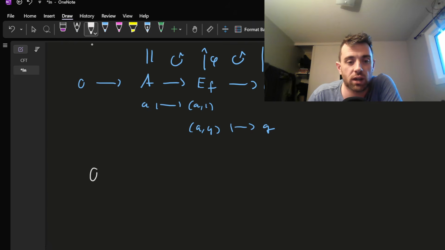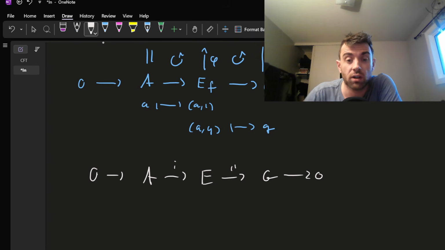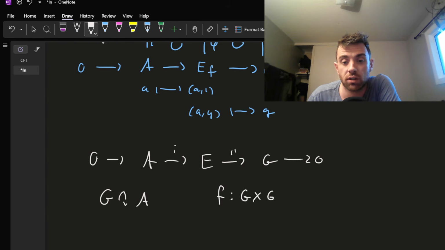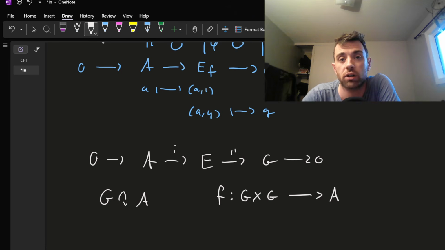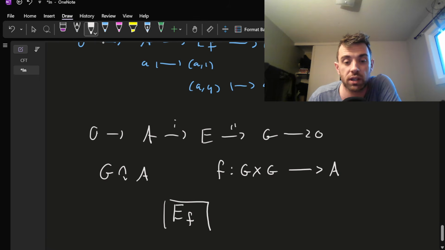We said that, okay, if we add the extra assumption that the normal subgroup is abelian, then knowing nothing else about this, I am able to put a G-module structure on A, and I am able to describe a function that goes from the Cartesian product, not a group homomorphism, but a function that goes from the Cartesian product of G to A. And from these two things, I am entirely able to recover the group E.